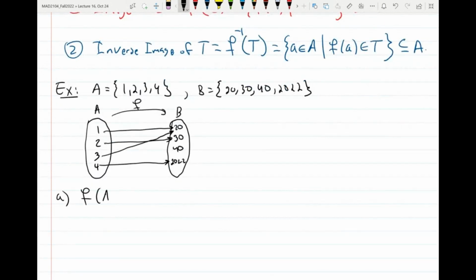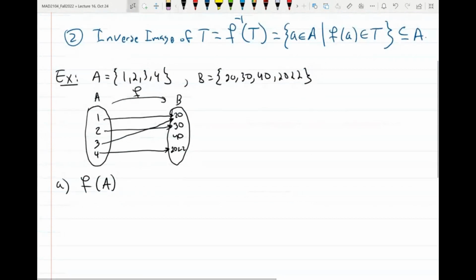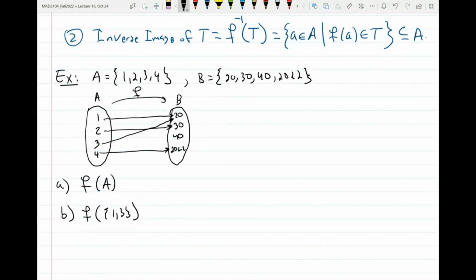So first find f of a, then find f of {1, 3}. By this I mean the image notation, okay? The image of this set. Find the image of that set.